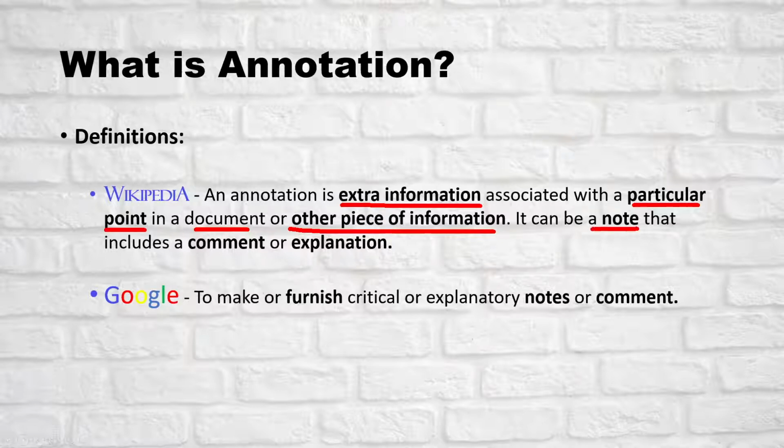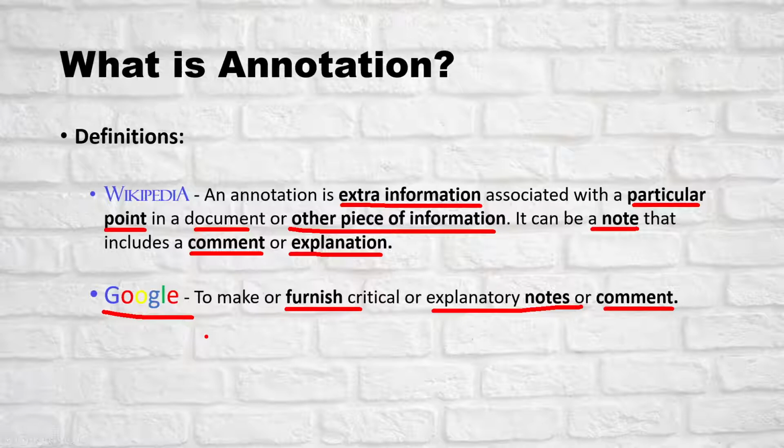It can be a note that includes a comment or explanation. And let's see what Google is saying. It says to make or furnish critical or explanatory notes or comment. So we are just adding extra information in a document, and we call it a note, a comment, in order to get a better explanation.